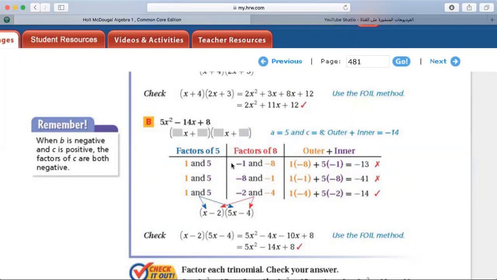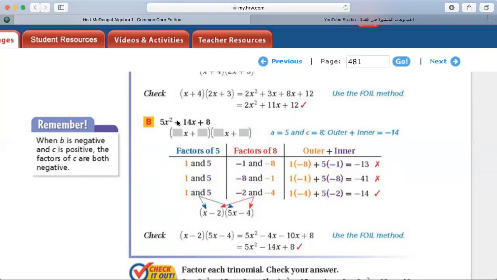Why? Because when I multiply two numbers with a negative sign, they will give me a positive product, and when I add the two numbers, they will give me a negative sum. So I will give a negative sign to both of the two factors, and I will change their places.